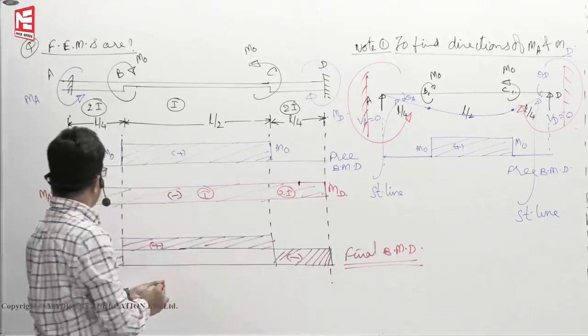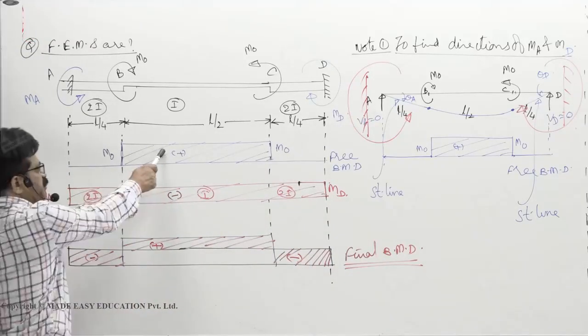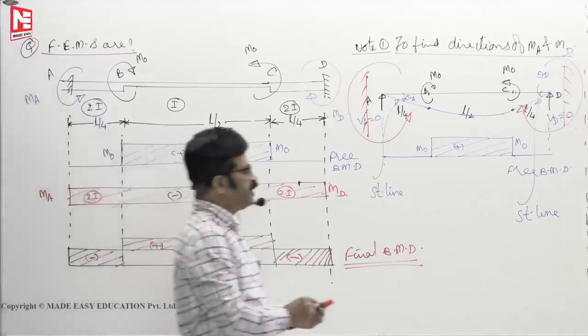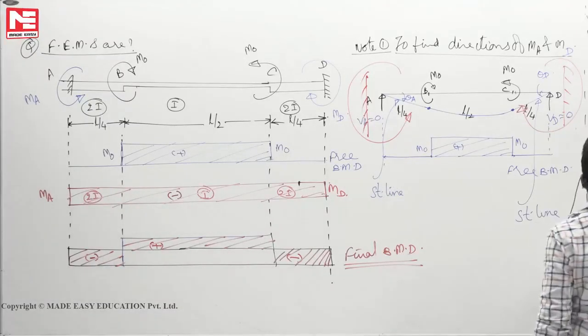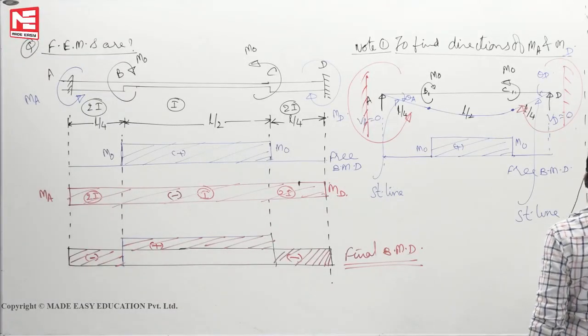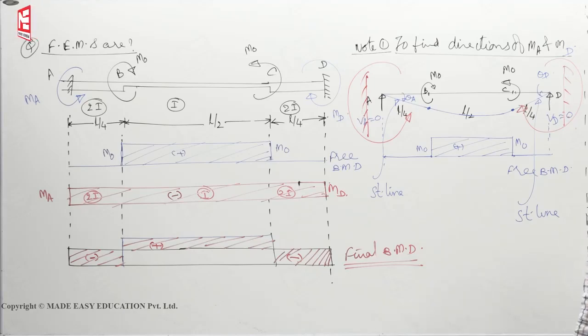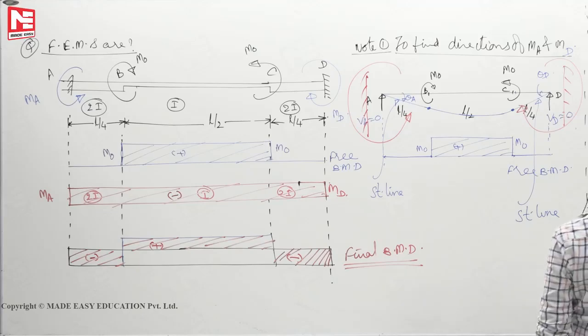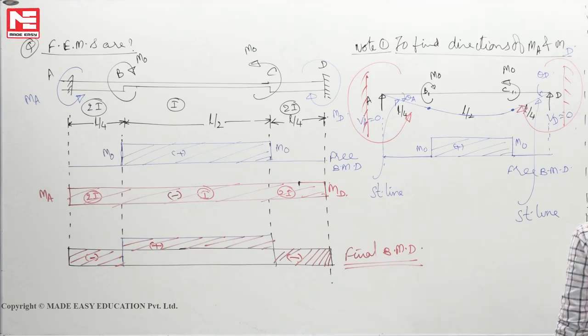But our task is to find MA and MD now. Positive area by EI must be equal to negative area by EI. Now to find MA and MD, because EI is not constant, you have to write like this. Positive area of the bending moment diagram divided by EI must be equal to negative area of the bending moment diagram divided by EI.